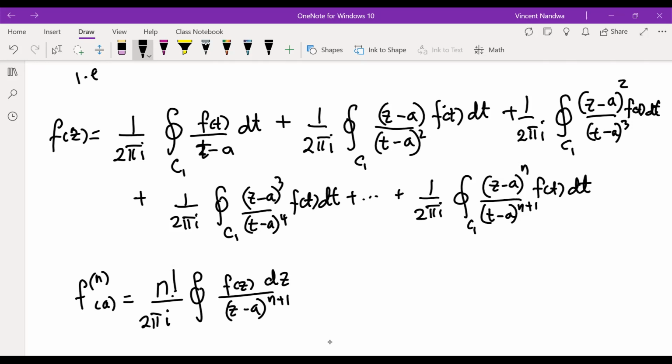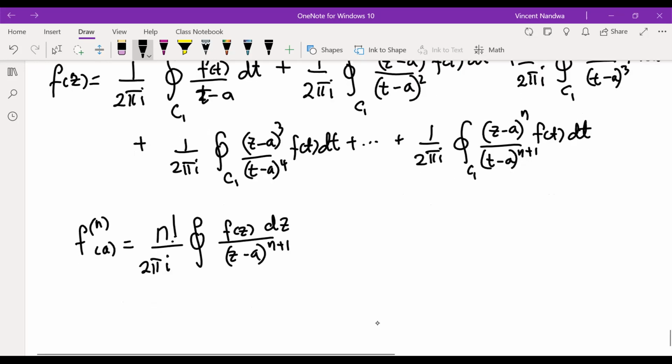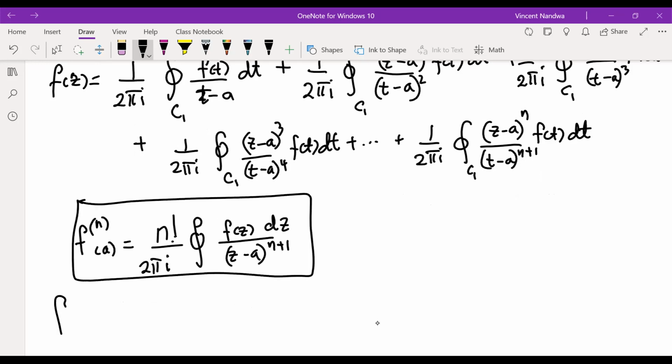Now this expression here, we can write it by definition.